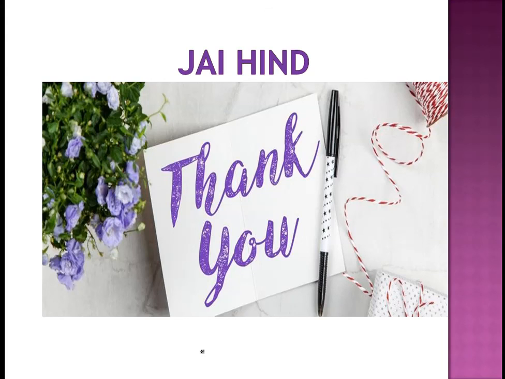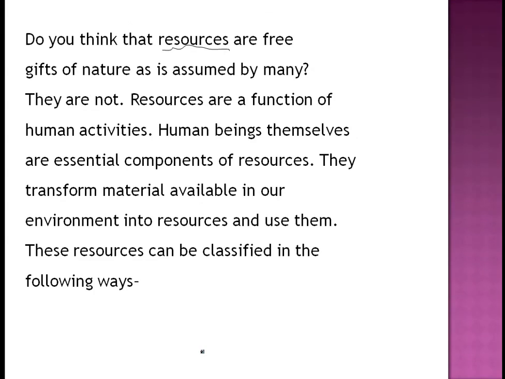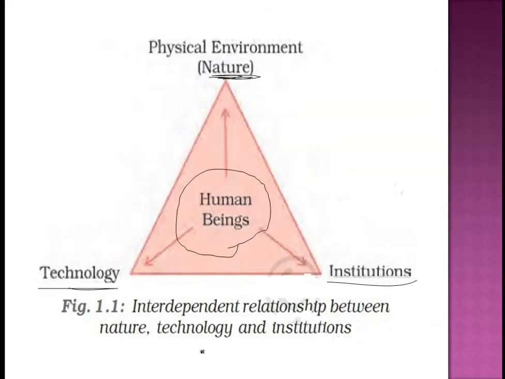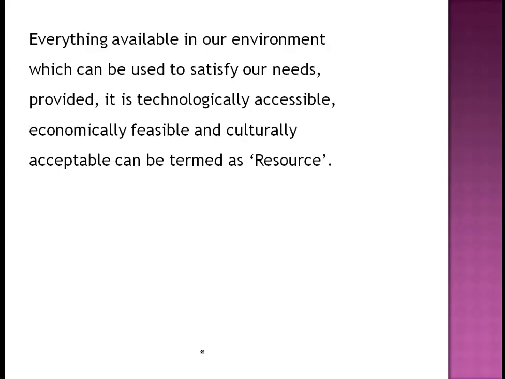Next, about the classification of the resources. And last, the big illustration, figure number 1.2, the classification of resources. Clear? This diagram you have to draw. So this definition you have to write 5 times.